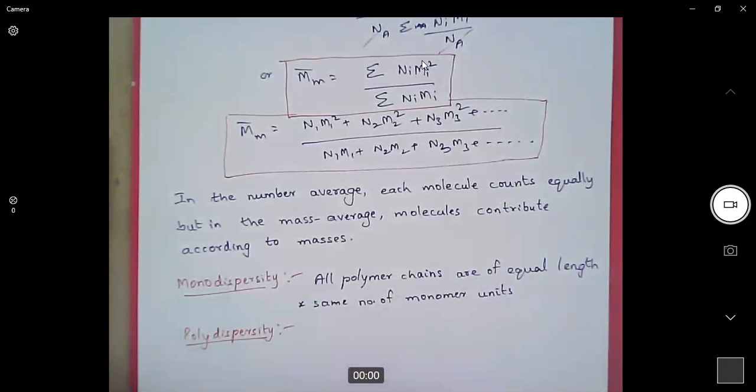What is polydispersity? If your polymer contains different chain lengths, that means one polymer has 50 chains, another polymer has 55 chains, another has 60 chains, something like that, then it is called a polydisperse polymer.